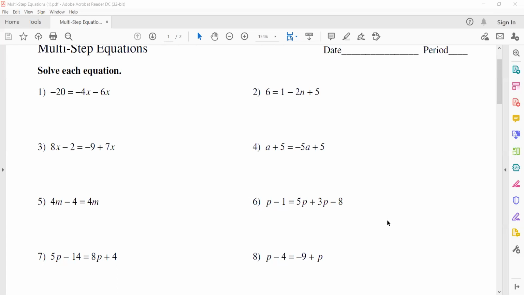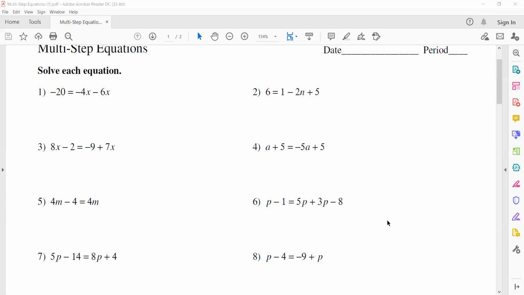So once I made that decision to go to the left with my x's, now I got to send the integer to the other side so that my variable is isolated. That's a -2. X equals -7.